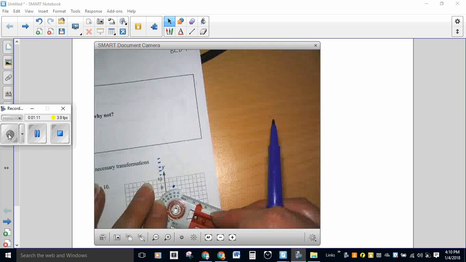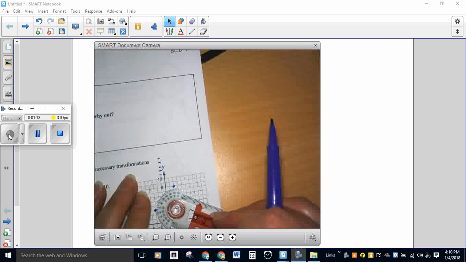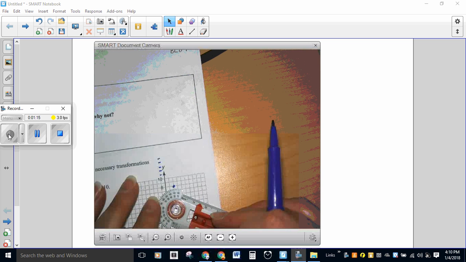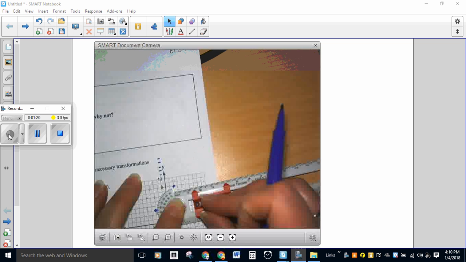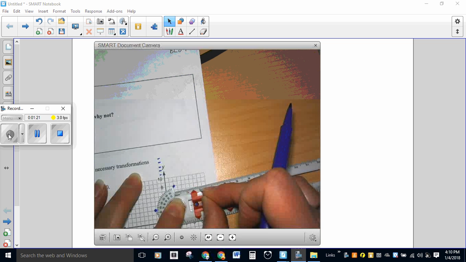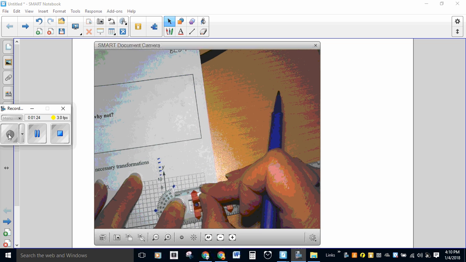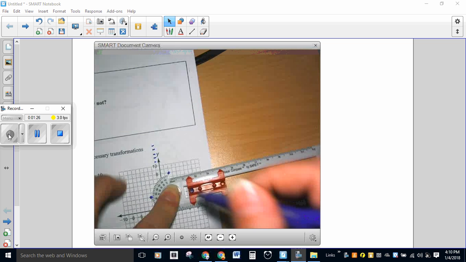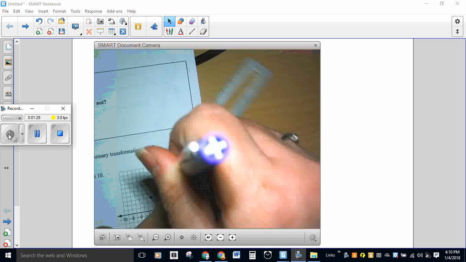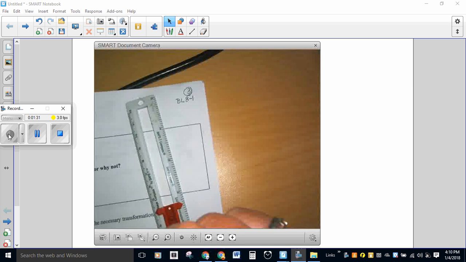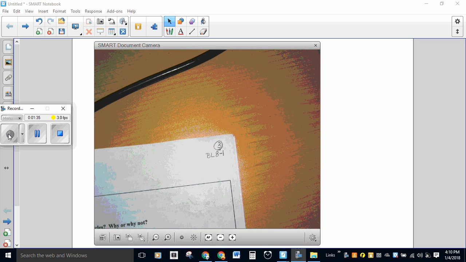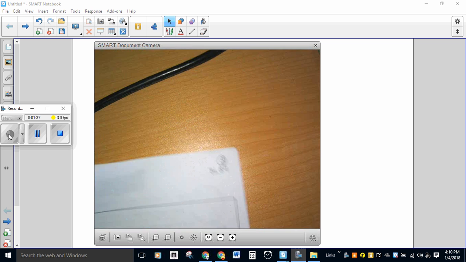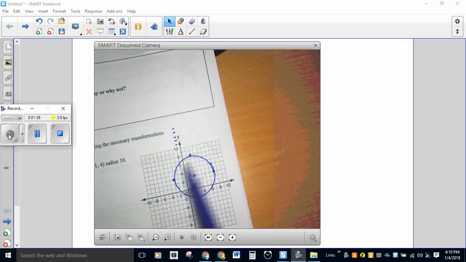So I place that there on the center, and I adjust my slide so that I am on one of the points. Then I place my pencil or pen in. I'm going to take this off screen just a minute so I can turn it, because it's hard to turn. So we end up with our circle with a radius of 5.